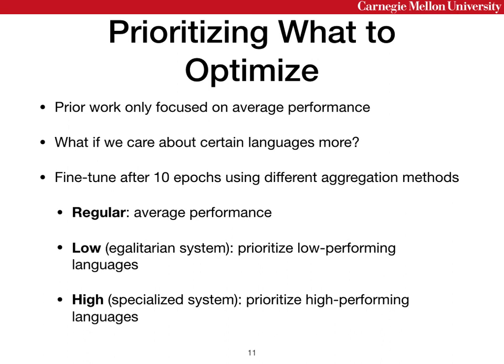We do this by first optimizing MultiDDS on all languages and then switching to a different aggregation method based on the priority. We consider 3 settings: regular, where we always optimize for average performance; low, where we train an egalitarian system that prioritizes low-performing languages; and high, a specialized system that prioritizes high-performing languages.